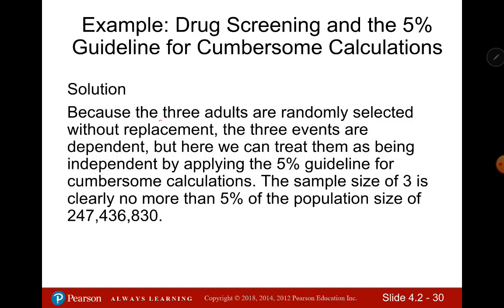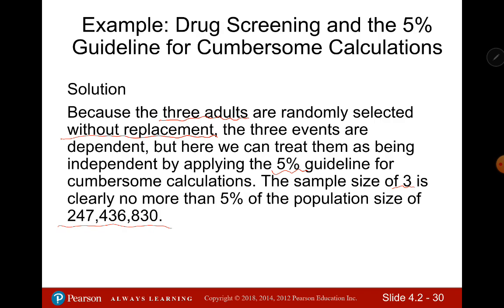So here we pick 3 without replacement. But if we use this 5% guideline, we will realize the sample size is very small, just 3, and the population size is very big. So we can treat the selection without replacement just as with replacement.